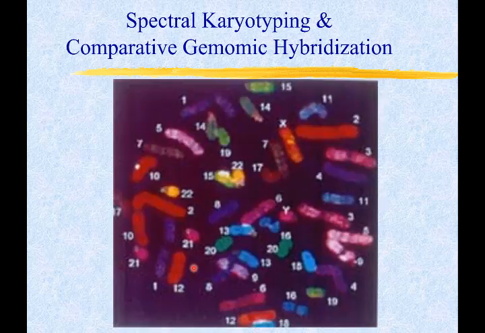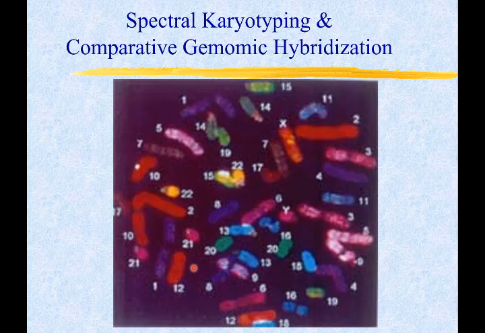Now, spectral karyotyping and comparative genomic hybridization are more advanced molecular cytogenetics. Spectral karyotyping is also called 24-color FISH, where a combination of fluorescent dyes is used, usually 5 probes. A mixture of those probes will give you a distinct color for each chromosome.